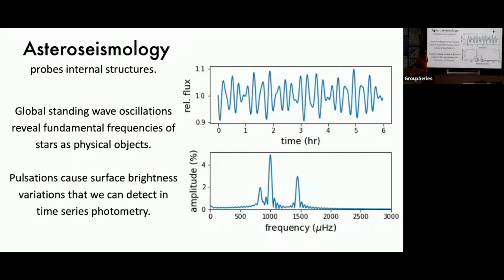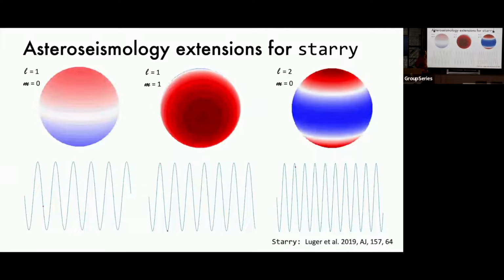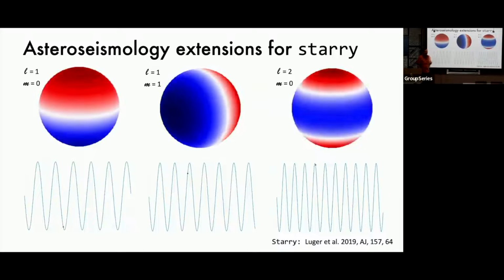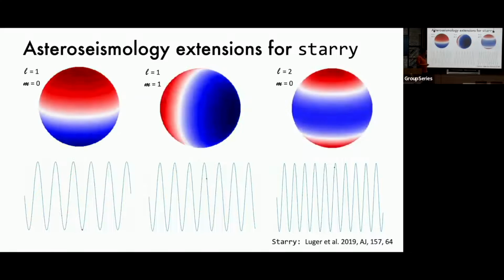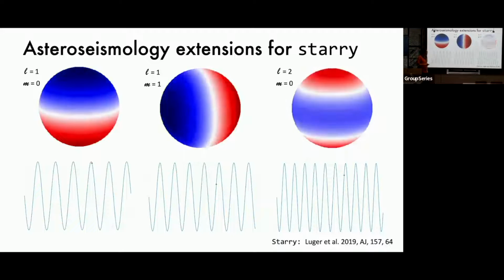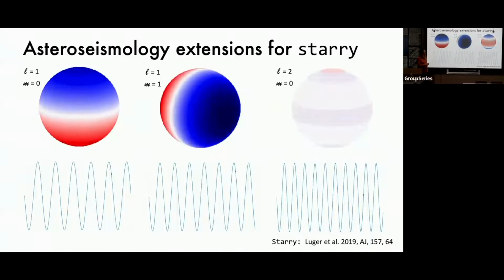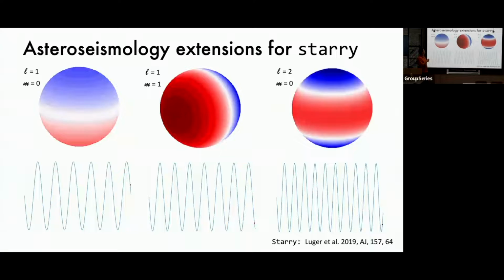What each of these signals individually represents are standing wave oscillations. These have the pattern of spherical harmonics on the surface. Here I show 3 different sinusoids. The little dot traces where we are in the phase of that pulsation. Each of these has a different spherical harmonic pattern associated with it. This one is an L is 1, M is 0 mode.